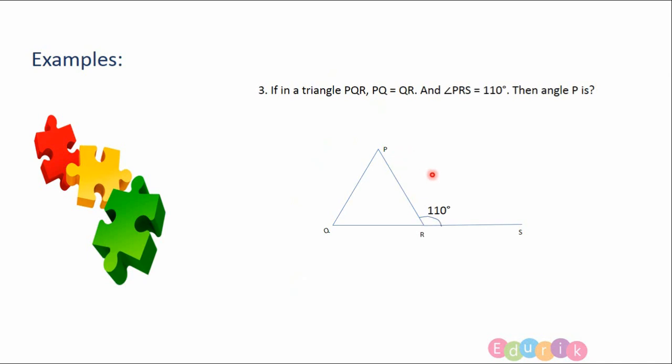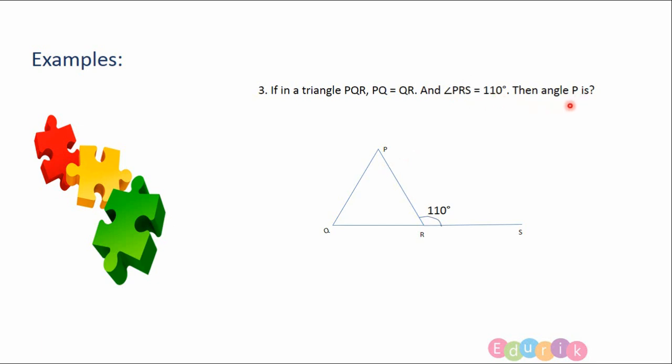Let us have a look at a simpler question here. Question number 3. If in a triangle PQR, PQ equals QR. Now PQ and QR are both the same. This means that this triangle PQR is an isosceles triangle and angle PRS is given as 110 degrees.